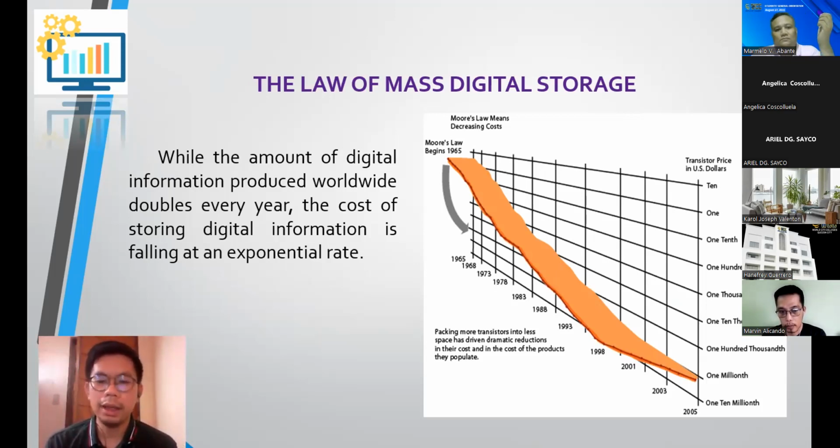A recent study by Gantz and Reinsel in 2011 and Lyman and Varian in 2003 states that the cost of storing digital information is falling at the exponential rate of 100% a year, and the figure shows that the number of megabytes that can be stored on magnetic media for $1 from 1950 to the present roughly doubled every 15 months. So in 2012, a 500 gigabyte hard disk drive sells at retail for about $60.